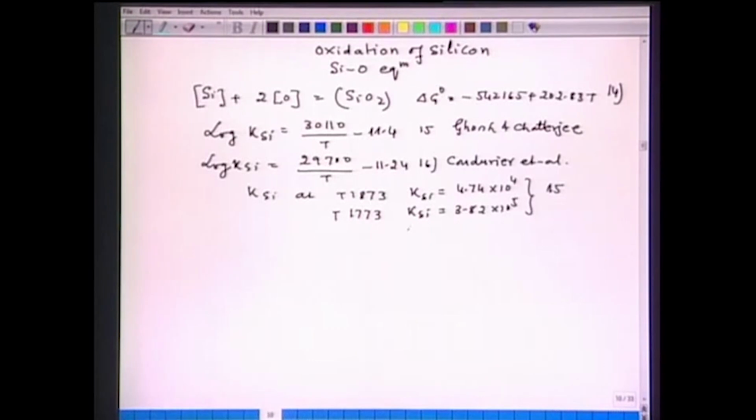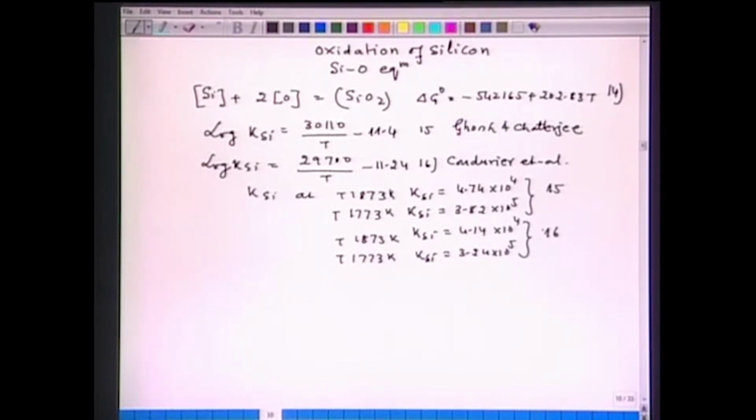Now, the same value of K silicon I calculate from equation 16, then at T 1873 Kelvin, they are all Kelvin, K silicon is 4.14 into 10 to the power 4, and at temperature 1773 Kelvin, K silicon is equal to 3.24 into 10 to the power 5. So, this is from 16.